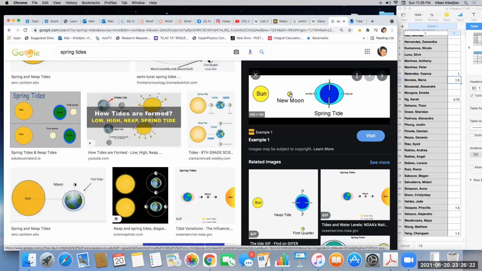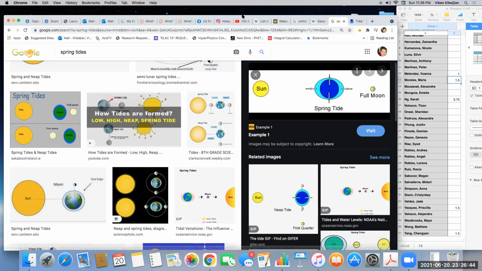See, new moon, and then when it goes to the other side, it becomes full moon. So the full moon and new moon are the same. You see the high tide here is higher than there, and the low tide here should be lower than there. Quite a bit lower, probably. So you can kind of tell those are a little bit better pictures.